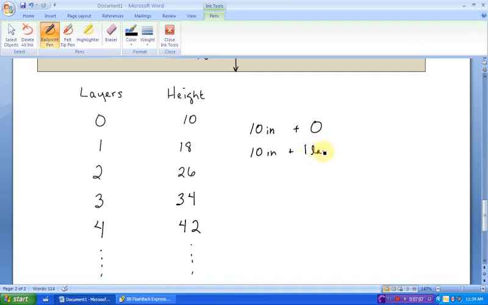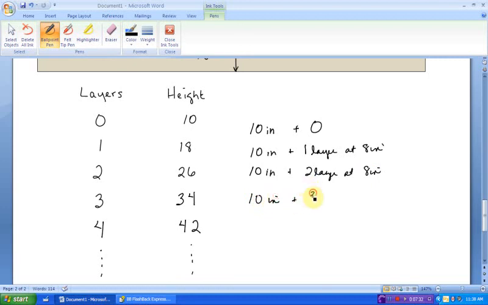For the second layer of bricks, we'll have 10 inches plus 2 layers at 8 inches. Third layer will have 10 inches plus 3 layers at 8 inches, and so forth.